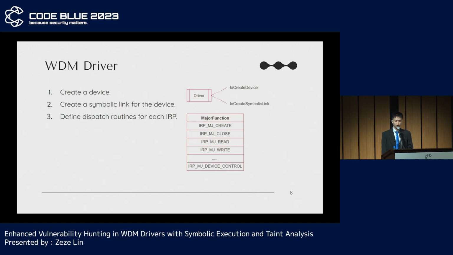The one we will focus on most is IRP_MJ_DEVICE_CONTROL. The developers can implement an IOCTL handler for IRP_MJ_DEVICE_CONTROL to execute different functions based on the value of the IO control code.